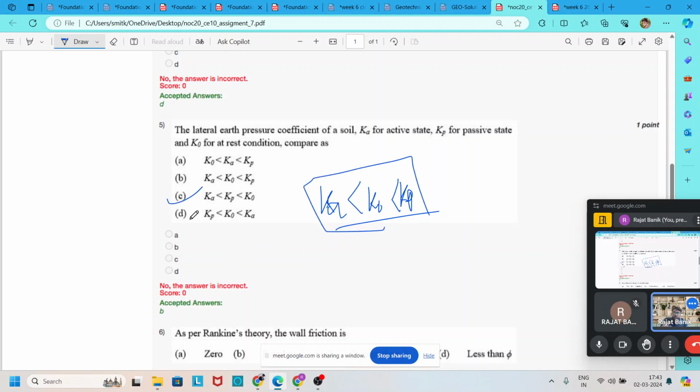Sorry, option B, not option C. Ka is less than K naught, less than Kp. Because if you remember, we draw one plot also like this.